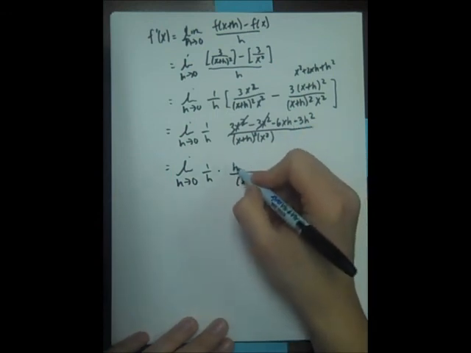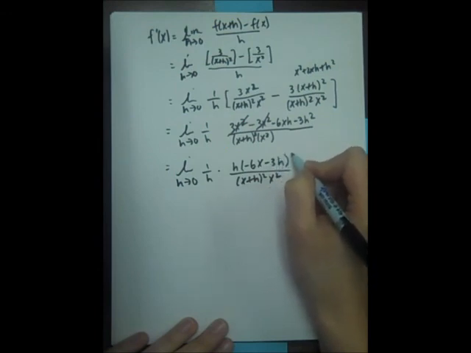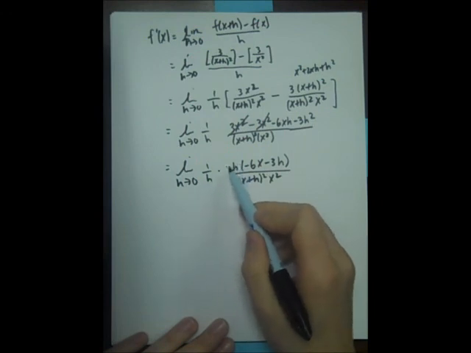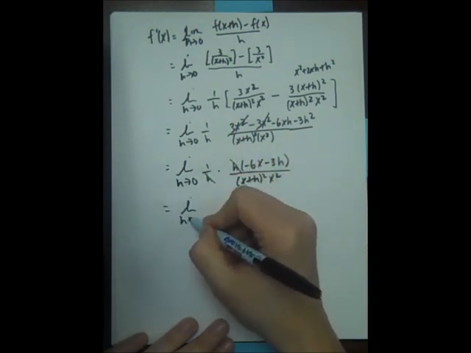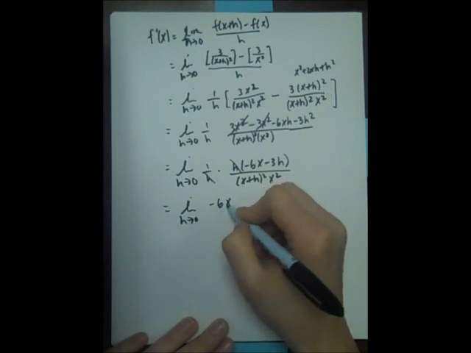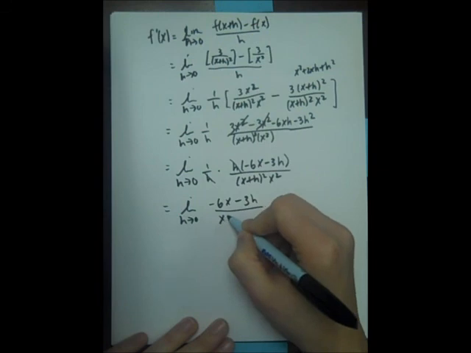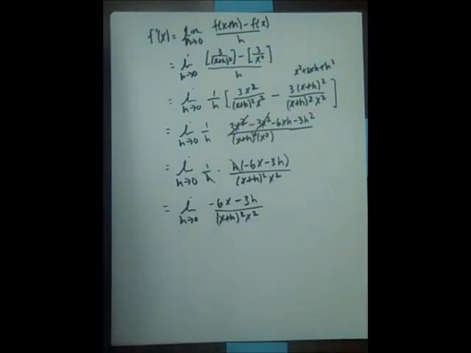Let me factor out an h of both of those terms, and you should always be able to factor out an h. So I factored out my h, and now you can see these two will cancel. So I'm left with negative 6x minus 3h over (x plus h) squared x squared. So I started with my definition of a derivative, simplified it as much as I can, and now I'm down to here.